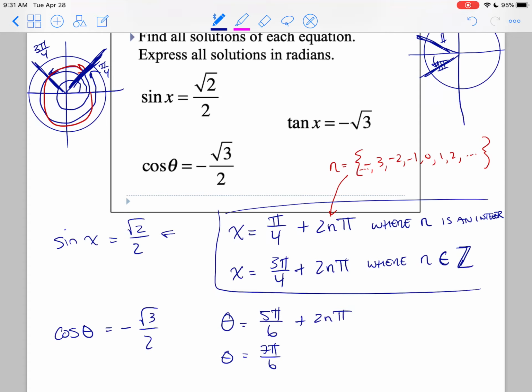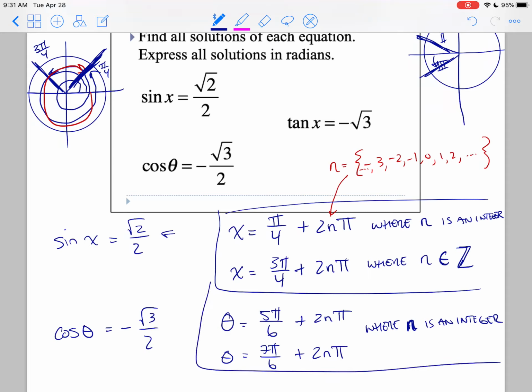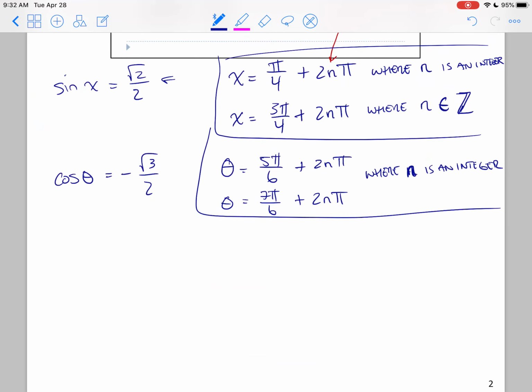So plus 2n pi, and please always write where n is an integer, however you want to write it. So those are my solutions. Those are all of the solutions for cosine theta. It's infinitely many of them.